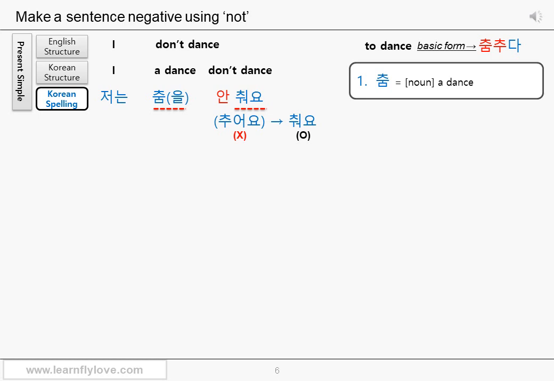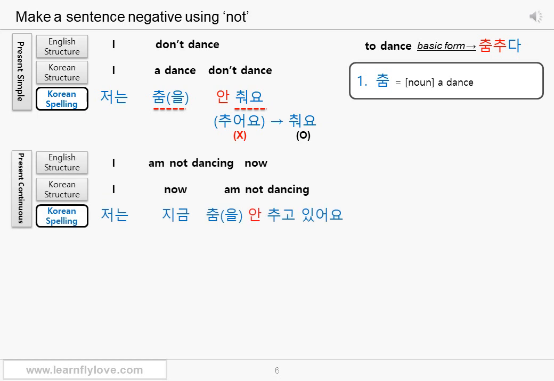So, 저는 안 춤춰요 is, well, good enough, but it would sound so much better if you say 저는 춤을 안 춰요. Of course, you can omit the object particle 을 here. Next example, I am not dancing now.